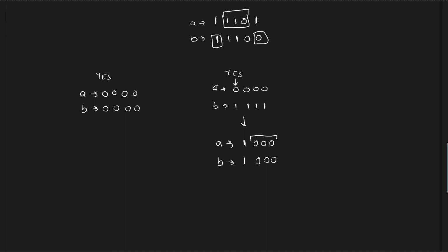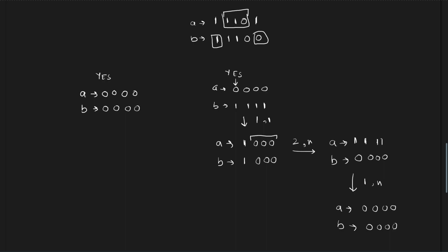In this case I just took the range from 1 to 1. In this case I'll take the range from 2 to n, and A would look something like this now, 1 1 1 1, and B would be 0 0 0 0, right? And then I can just take the range 1 to n, and my A string would look like this and B would look like this.